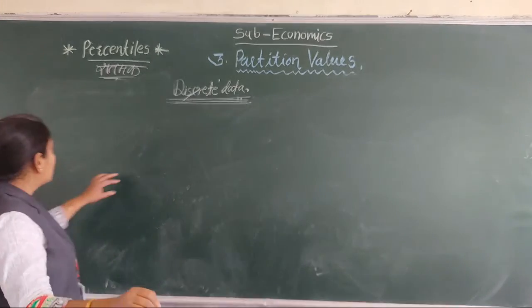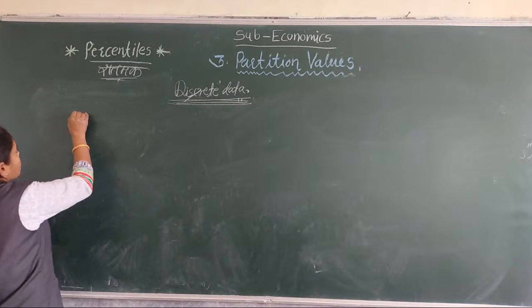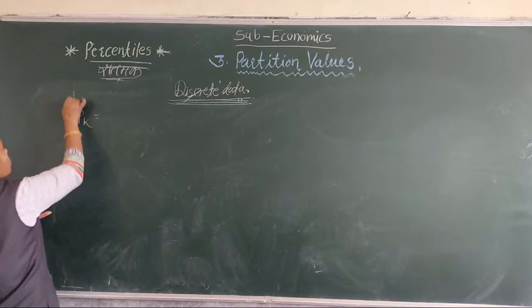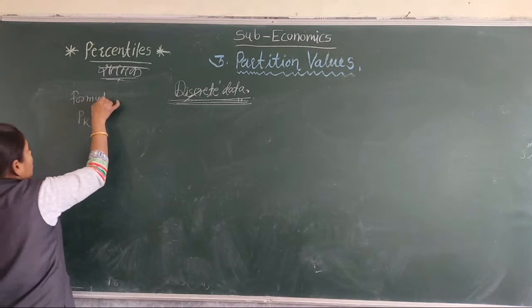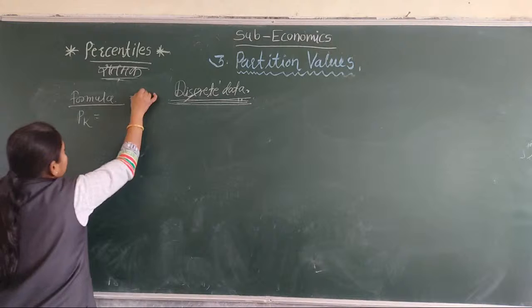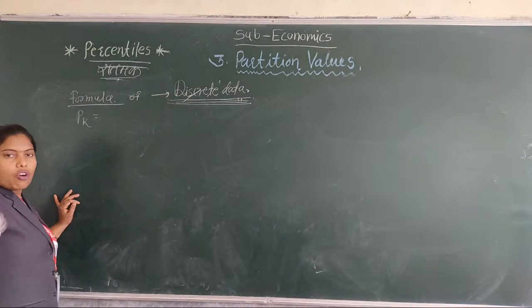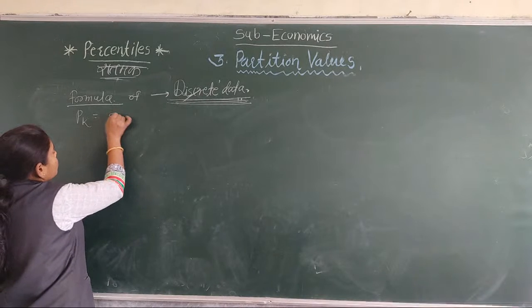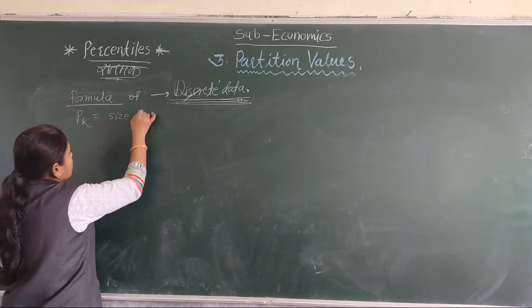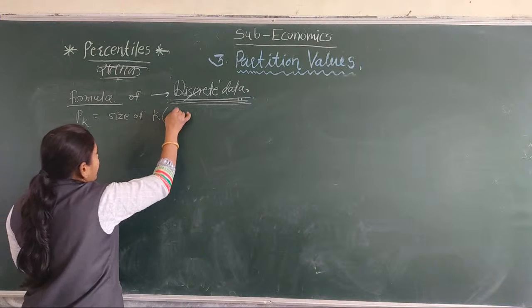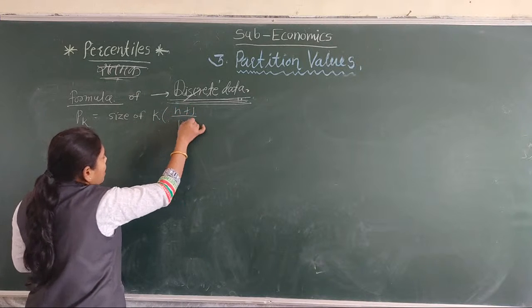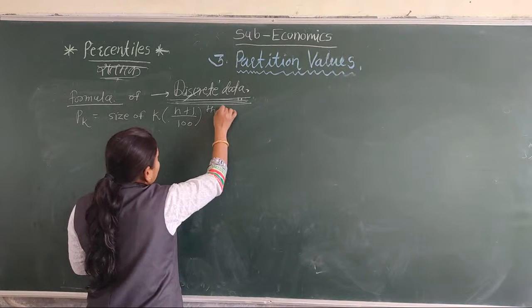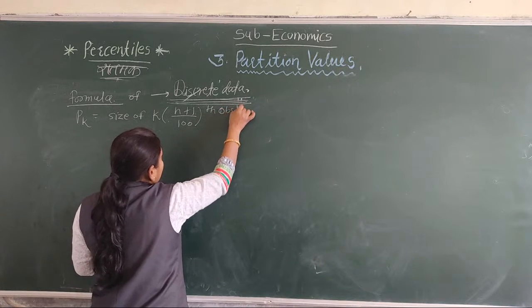In this series, use this formula of the discrete series: Pk is equal to size of k into bracket n plus 1 divided by 100 observation.